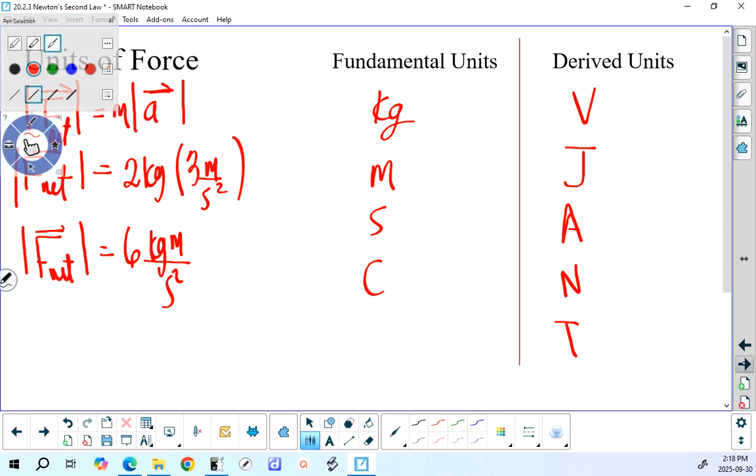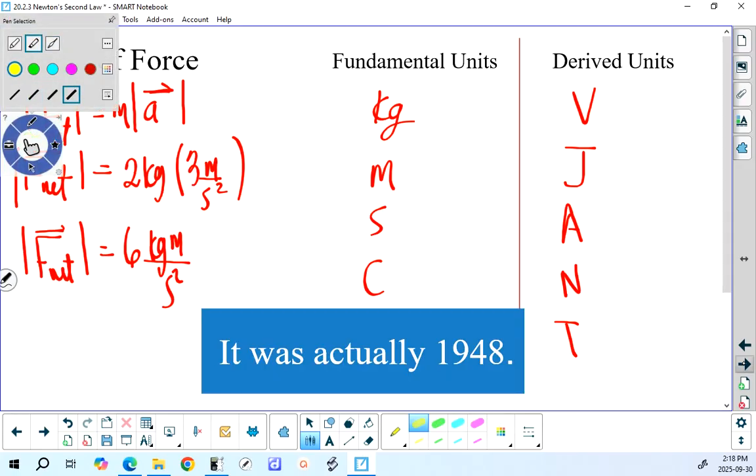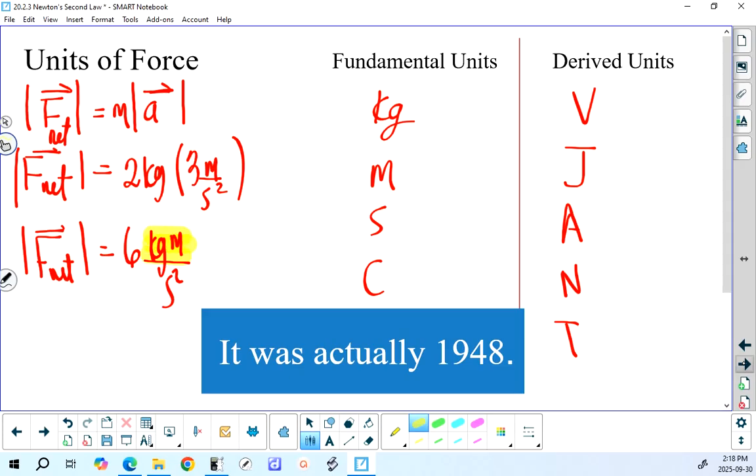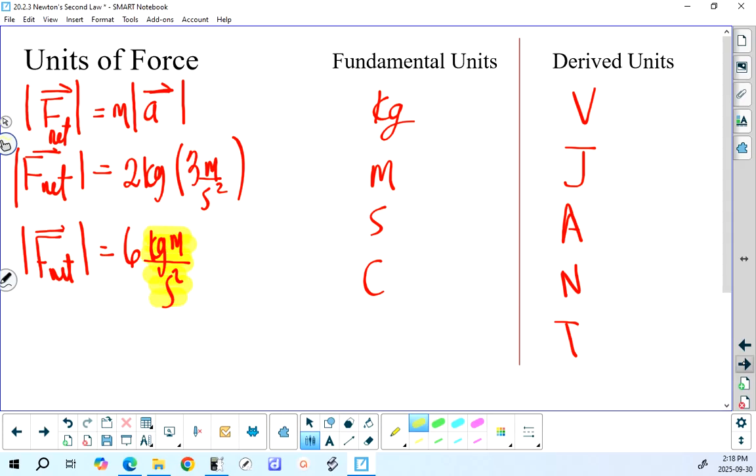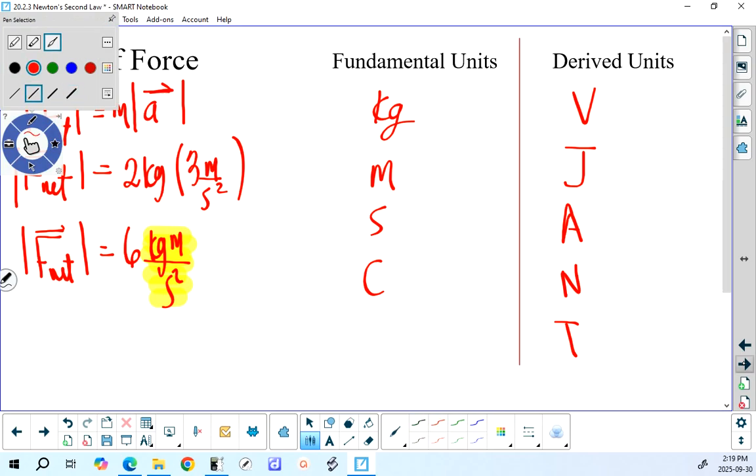And somebody decided, I don't know the history behind it, you can look it up yourself, that rather than writing kilogram meter per second squared all the time, we can define that set of units to be something which we call a newton in commemoration of Isaac Newton.